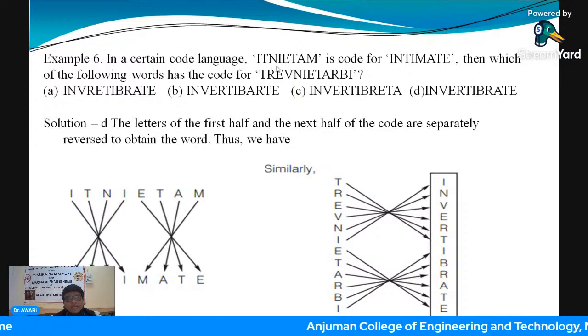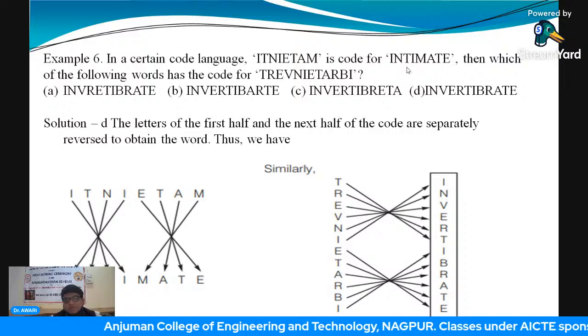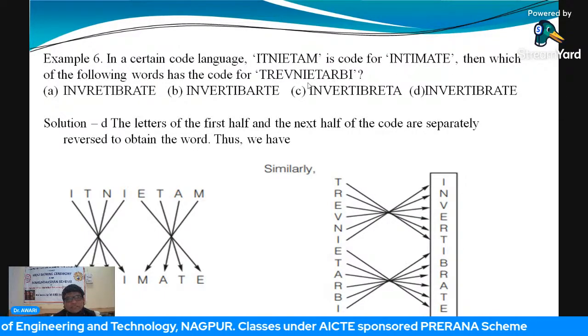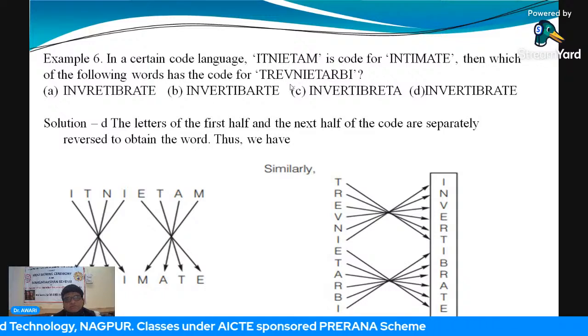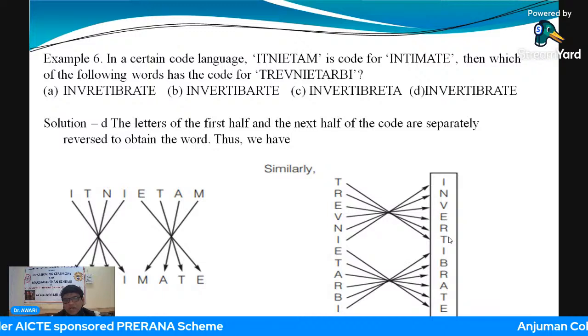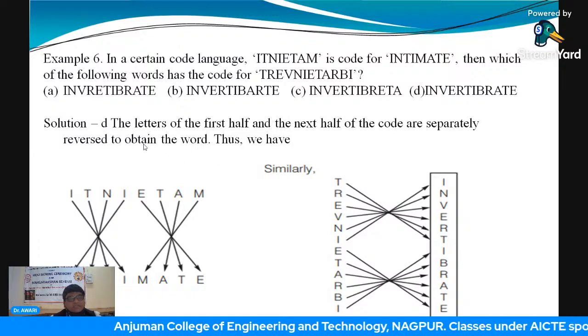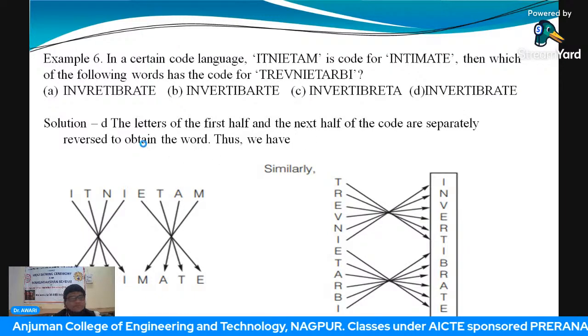ITNI has been broken into two parts, and we have written that as INTIMATE. Then this is also broken, and then it is written as INVERTEBRATE. So the answer here is invertebrate. Answer D is the correct answer.